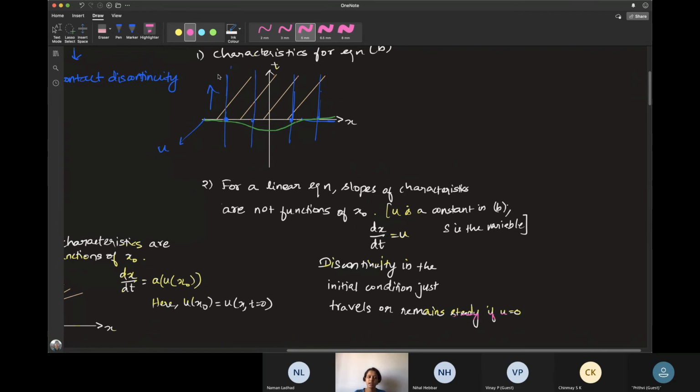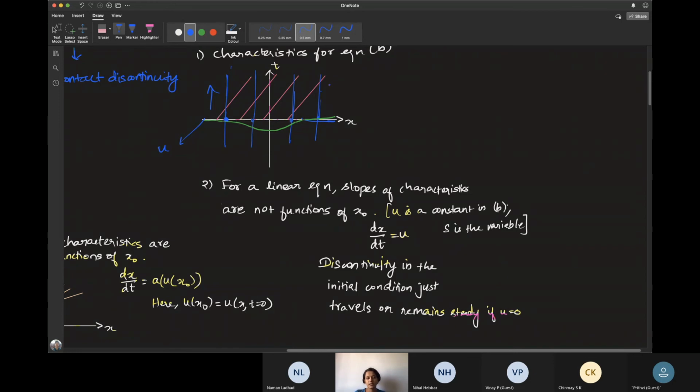But if the characteristics have some slope, like these lines that I've drawn over here, some angle with respect to the x-axis instead of 90 degrees, then your initial profile is going to travel over time in some direction.